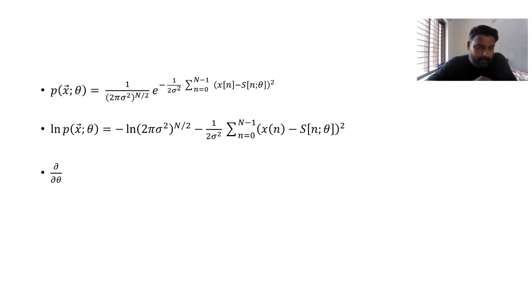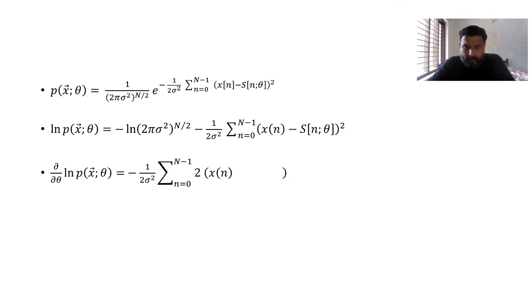That is for taking the first derivative: dou by dou theta of ln of p of x of theta. First term is 0, I am not writing that one. Minus 1 by 2 sigma square sigma n equal to 0 to n minus 1, 2 into x of n minus s of n theta into minus dou by dou theta of s of n theta.